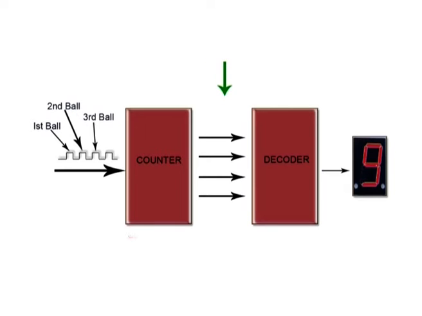Each set of logic levels represents a 4-bit binary number. As the decoder receives these waveforms, it decodes each set of 4 bits and converts it to the corresponding decimal number on the 7-segment display.